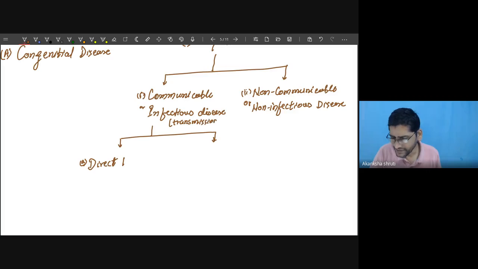So that occurs by transmission or gets transferred from one another. So direct transmission or indirect transmission.